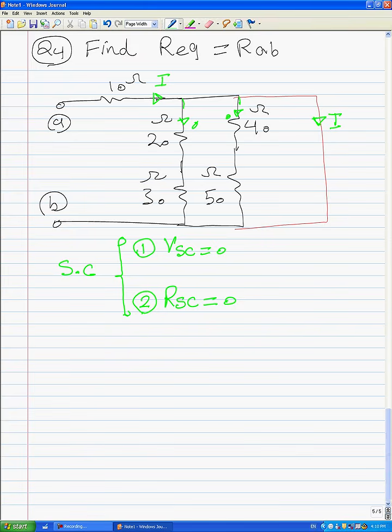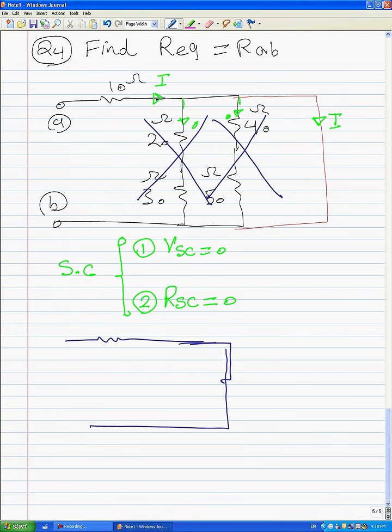It means the short circuit bypassed all of the resistors connected in parallel to the short circuit. That's why these resistors should be bypassed and this resistor should be bypassed, and the circuit changed to this circuit.